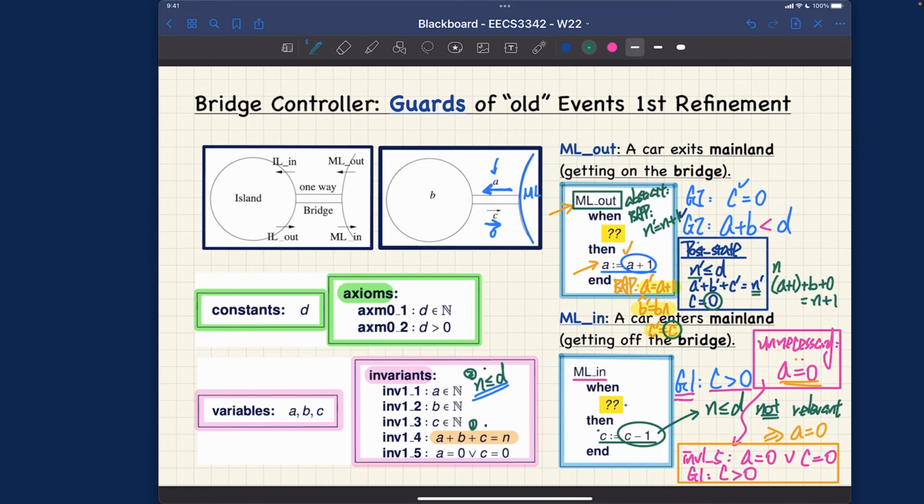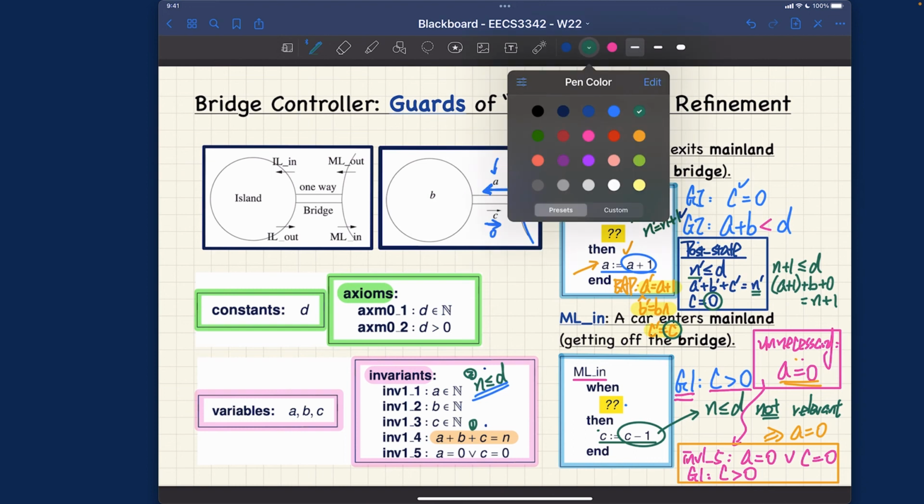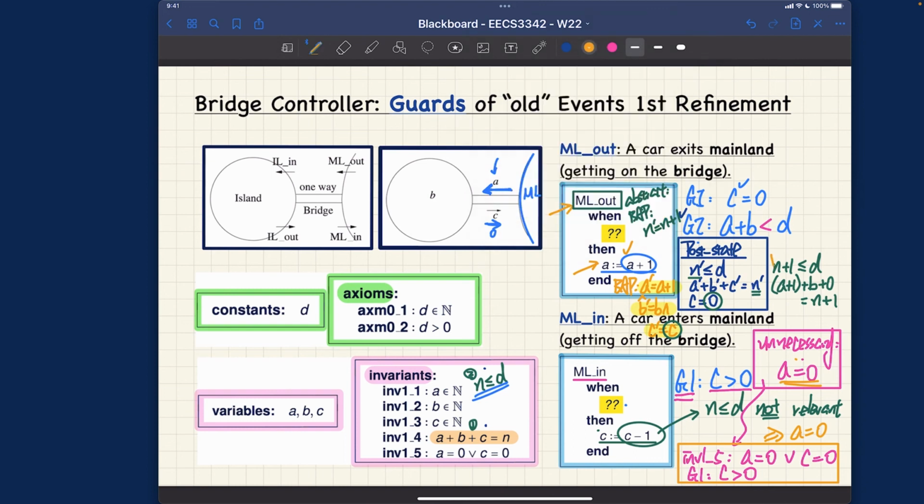So we got M plus 1 less than or equal to D over here, right? And let's now do a little bit of rewriting. If I say M plus 1 is less than or equal to D, then by some very basic arithmetic, this is equivalent to saying N should be strictly less than D.